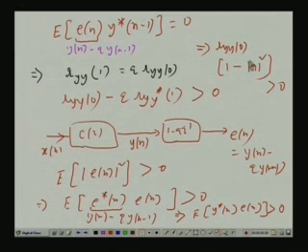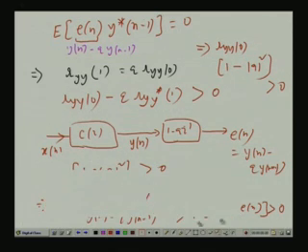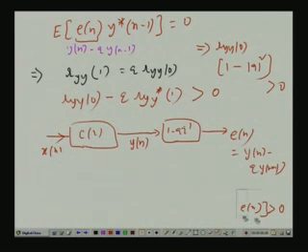That means what you have here is 1 minus mod q square greater than 0, that is mod q should be less than 1, which means the root is within unit circle.